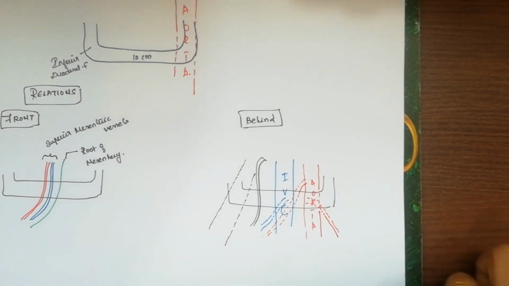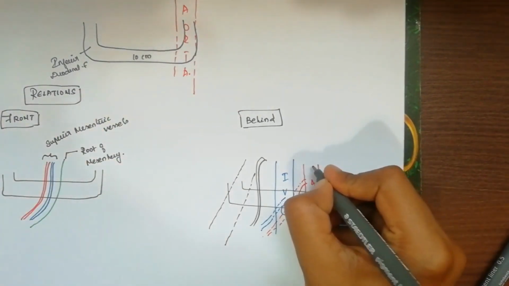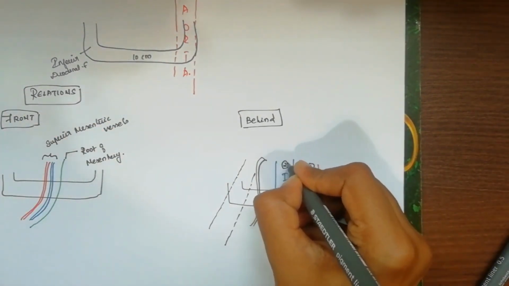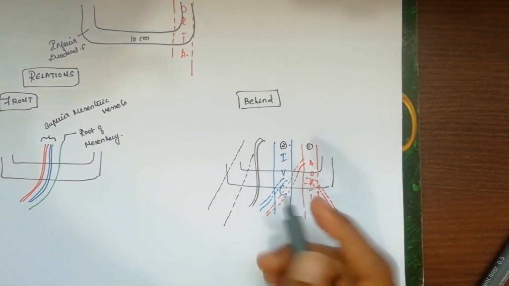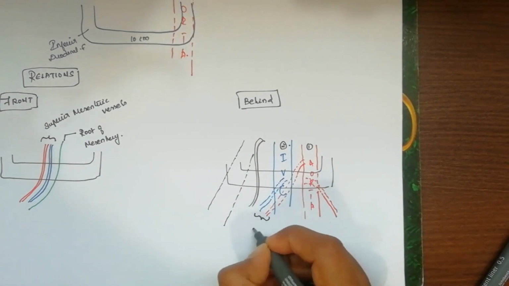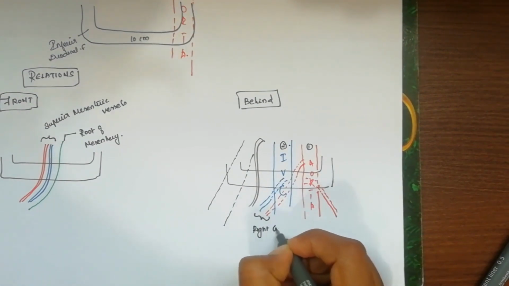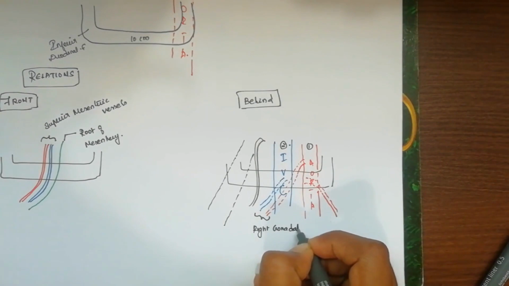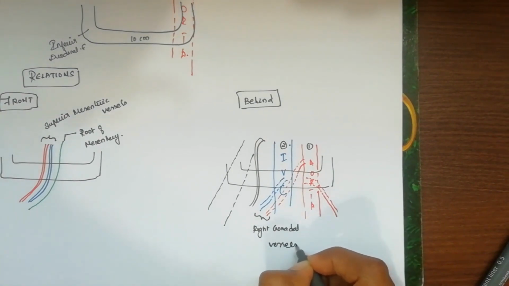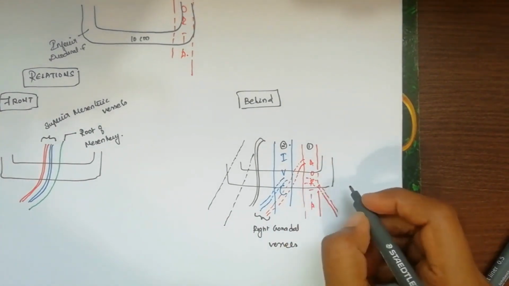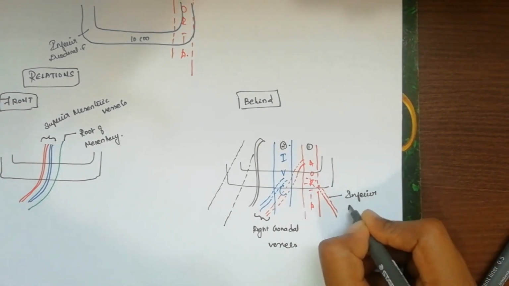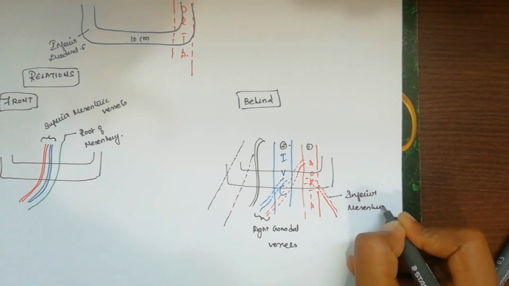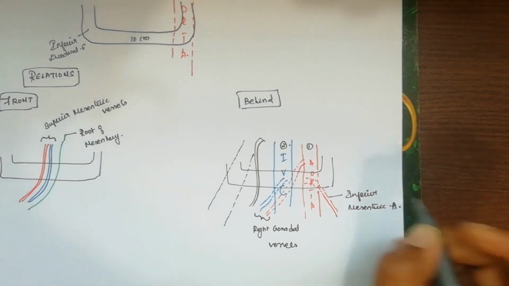I will summarize again. We have got first two vessels such as aorta and inferior vena cava. Along with this, from aorta and inferior vena cava we have got the vessels of right side, right gonadal vessels, and an artery arising from aorta, that is inferior mesenteric artery.